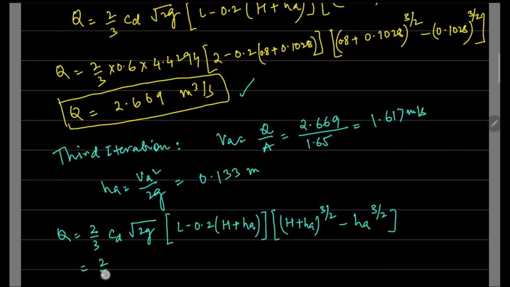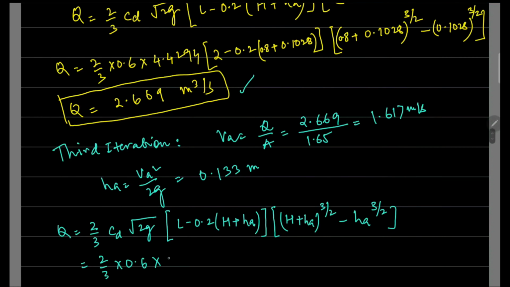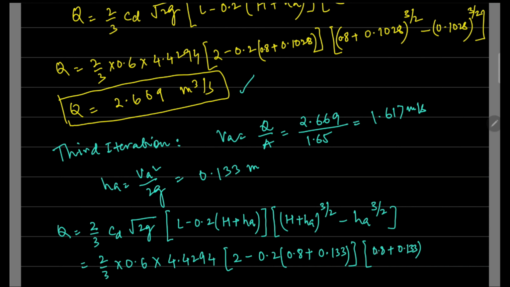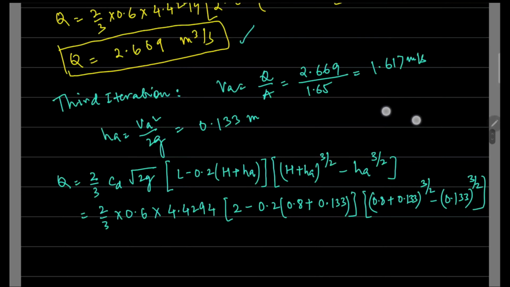This is 2 by 3 multiplied by 0.6, then multiplied by root 2g, which will be coming out to be 4.4294, and then L value is 2 minus 0.2 times H, which is 0.8 plus HA value 0.133, bracket closed, and then H plus HA is 0.8 plus 0.133 raised to the power 3 by 2 minus 0.133 raised to the power 3 by 2, and then bracket close. So let's quickly solve these values.